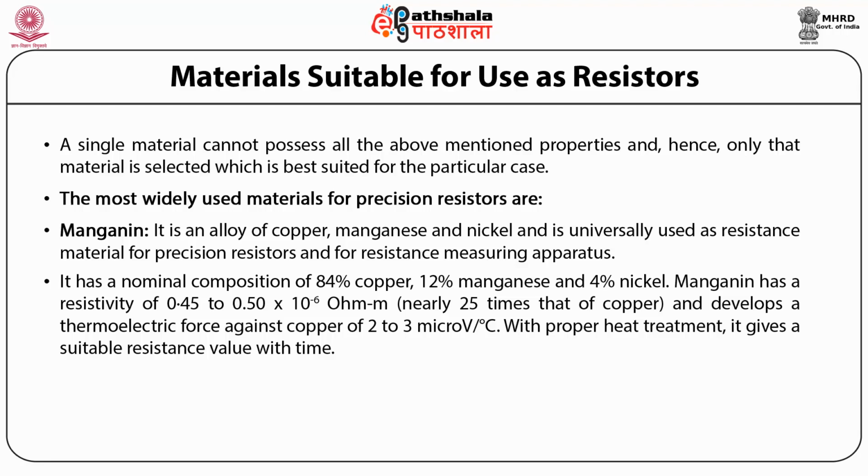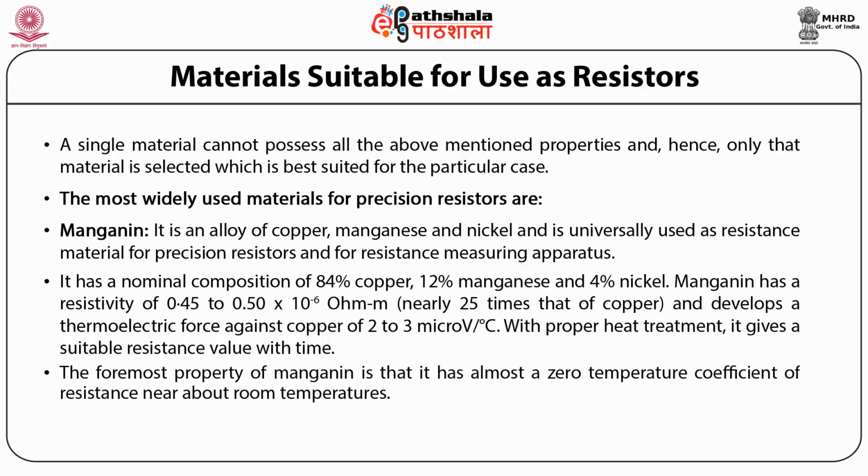Manganin has a resistivity of 0.45 to 0.50 multiplied by 10 raised to minus 6 ohm meter, which is nearly 25 times that of copper. It also develops a thermoelectric force against copper of 2 to 3 microvolt per degree Celsius. With proper heat treatment, it gives a suitable resistance value with time.